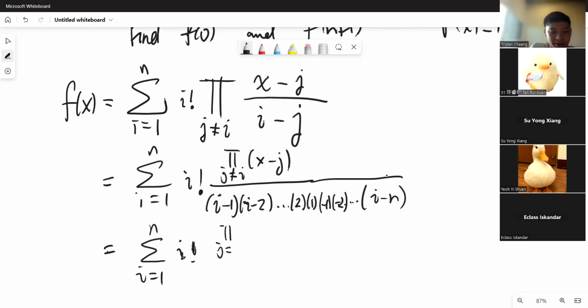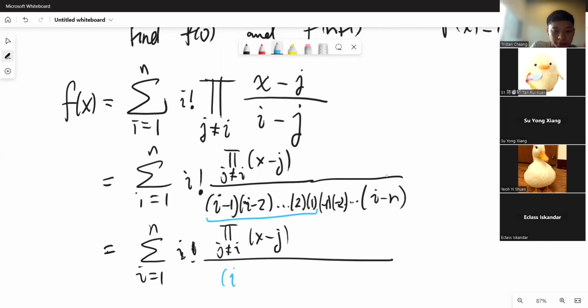So let's write this: the product of (x minus j) over the positive parts, 1 to i minus 1, which is just (i minus 1) factorial, and the negative parts, which is (n minus i) factorial times -1 to the power of n minus i.